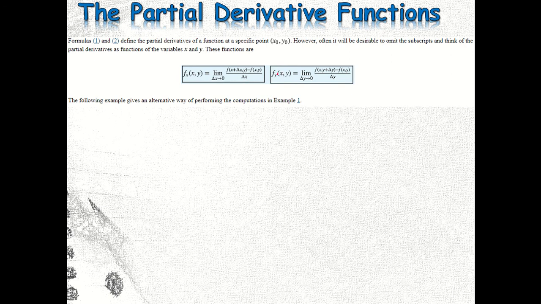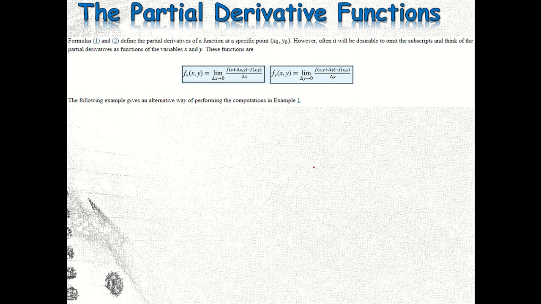And the other one, the partial derivative of the function with respect to y of the function of x and y, is equal to the limit of f of x, y plus delta y, minus f of x, y, divided by delta y, as delta y approaches 0.